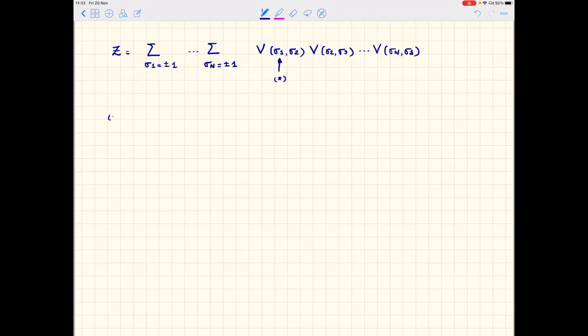This guy here can be seen as a matrix that has two indices. It is a 2 by 2 matrix, and the entries are e to the beta J plus beta h, e to the minus beta J, e to the minus beta J, e to the beta J minus beta h, where here I have my indices +1, +1, -1, and -1.